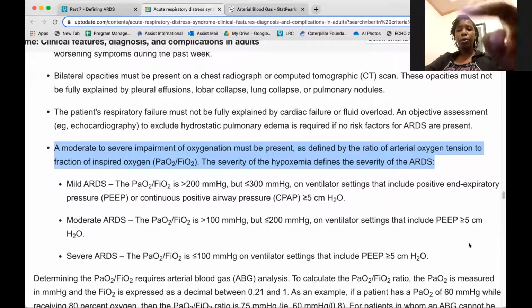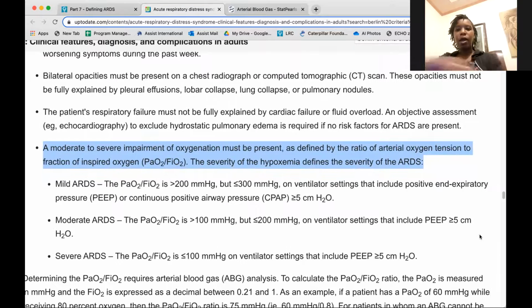The PaO2, which is the partial pressure of oxygen, is something that we are going to get from the BGA, as I had alluded to. And then the FiO2 is the amount of oxygen you're giving to the patient at that particular point.